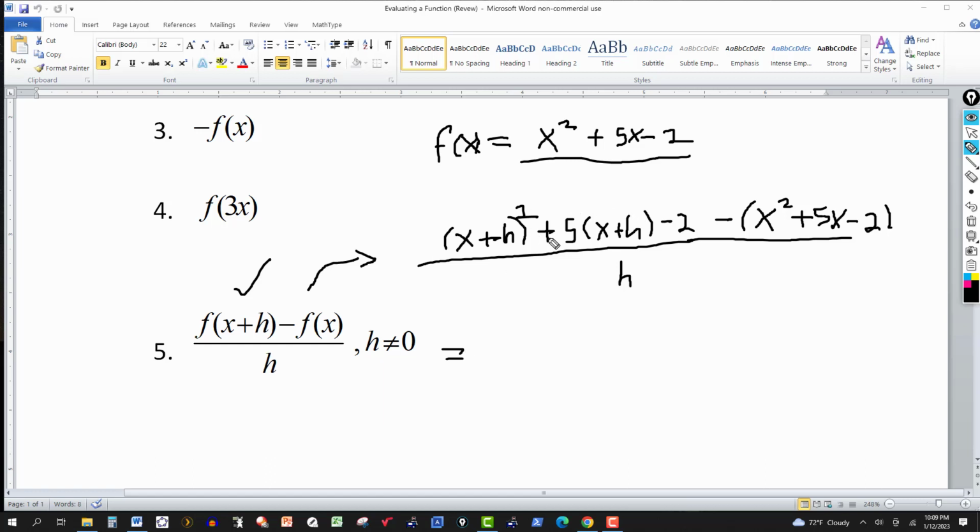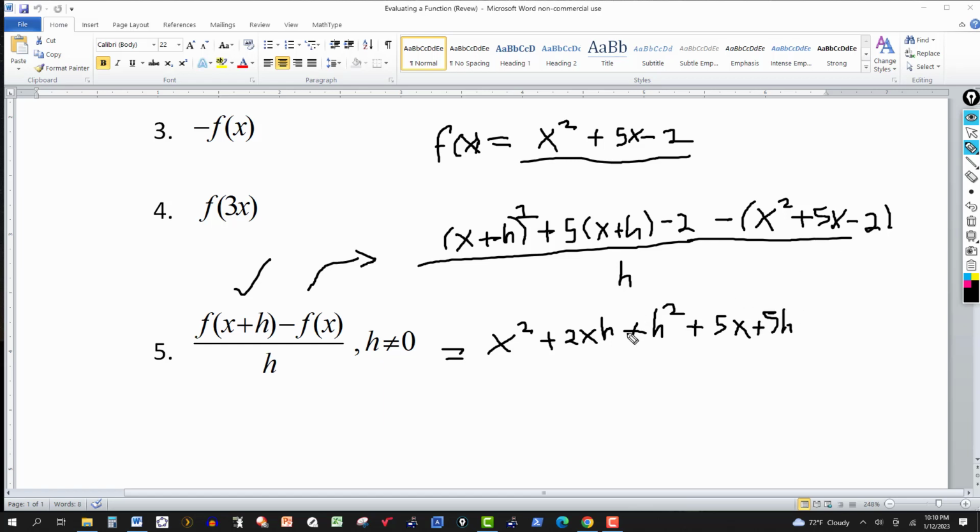So now what we're going to do is just algebra. We're going to go through and multiply this out, subtract this expression over here. So x plus h squared is x squared plus 2xh plus h squared, multiplying the binomial expression x plus h. x plus h times x plus h, we get this right here. Plus 5 times parentheses x plus h will give us 5x plus 5h.